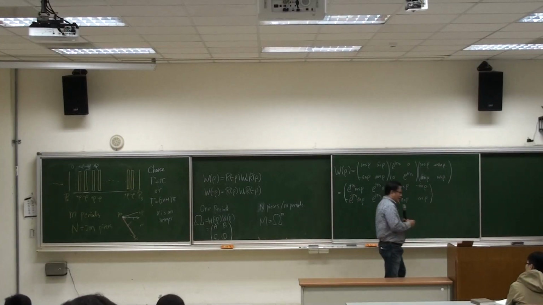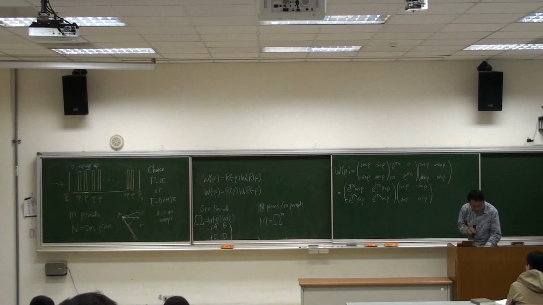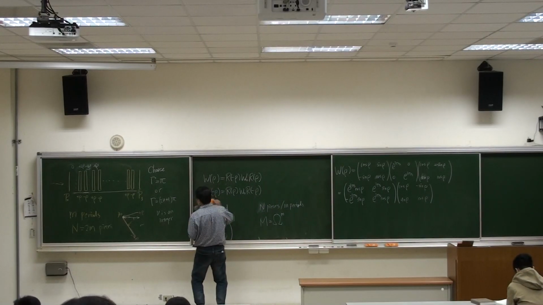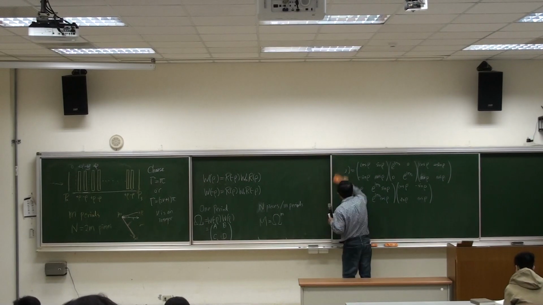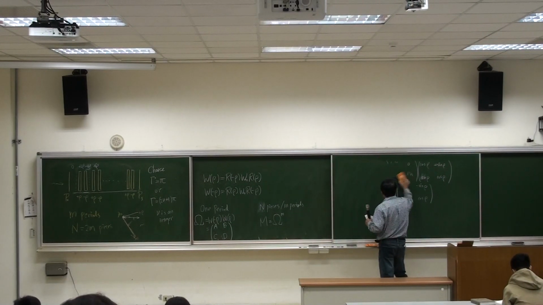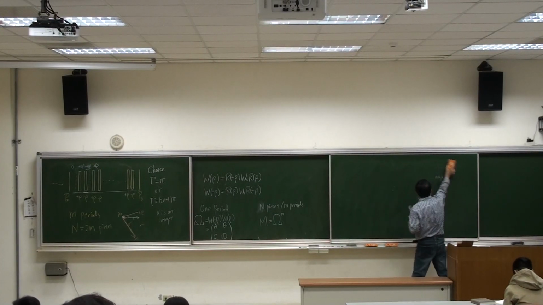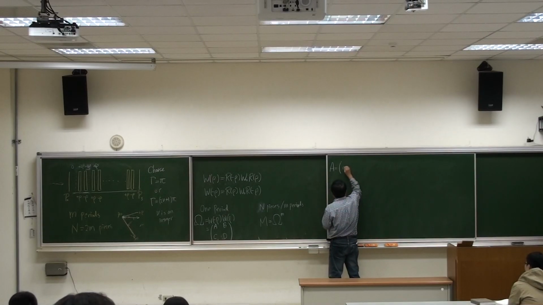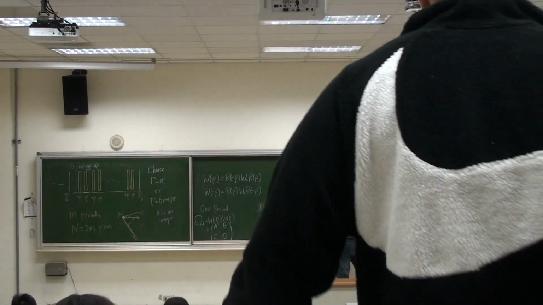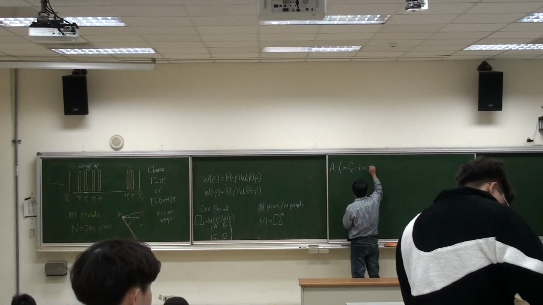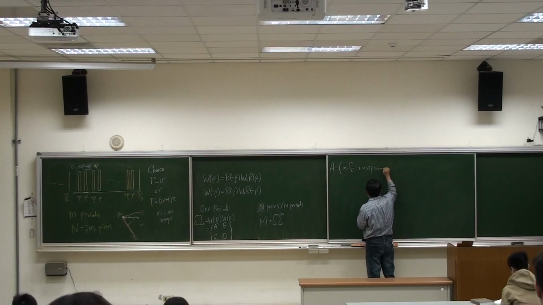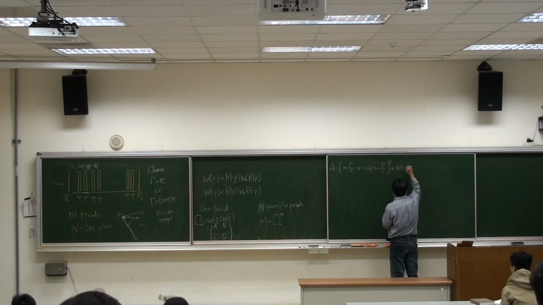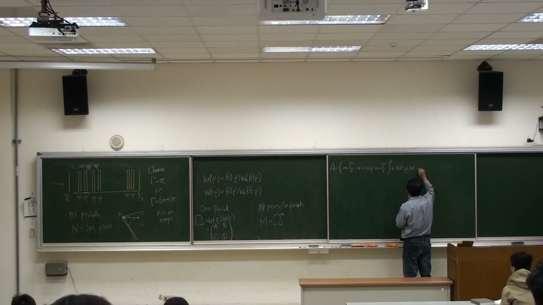I just cite this A, B, C, D here. A is this: cosine half gamma minus I cosine 2 rho sine half gamma squared plus sine square 2 rho sine square half gamma.